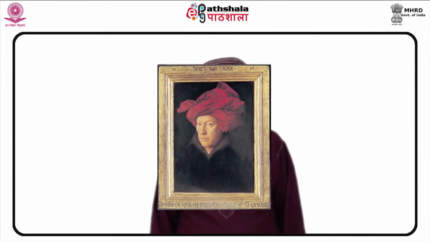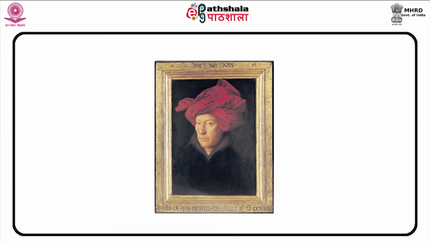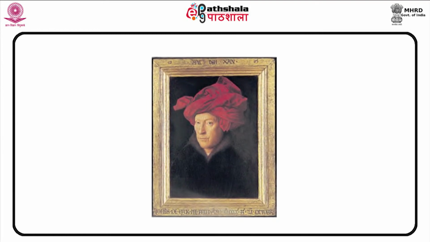Let us move on to stylistics. The following terms describe representational or figurative works of art which depict recognizable subject matter. Naturalistic, depicting figures and objects more or less as we see them.